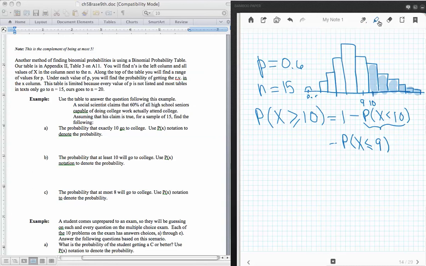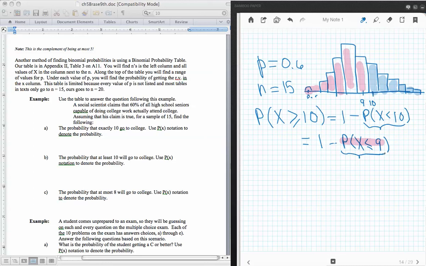Let me change this to a different color. So you have this bar here, and this bar here, and this bar here, and this bar here, and this bar here, on down to that bar there, represented by the probability that x is less than or equal to 9, and we still want to find that over there. So of course that leads us to 1 minus the probability that x is less than or equal to 9.